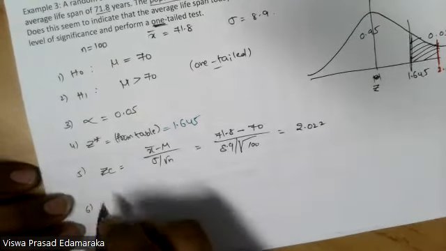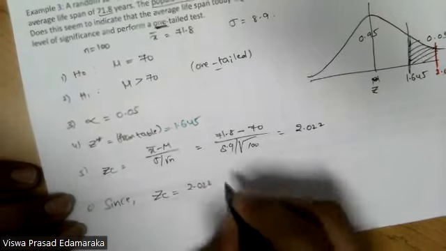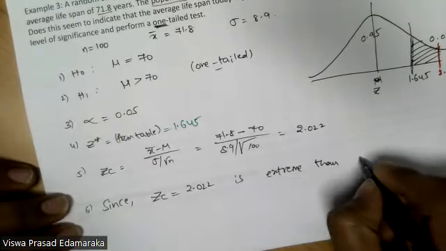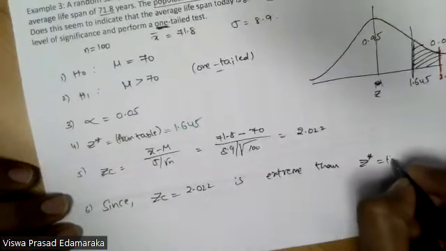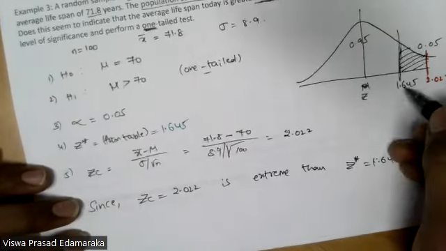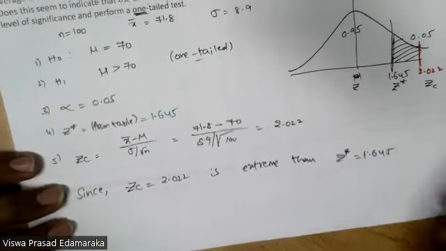What we conclude, since Z calculated is more extreme than Z star, that is 1.645. 2.022 crosses 1.645. This is Z star, and this is Z calculated. Z calculated is above Z star.